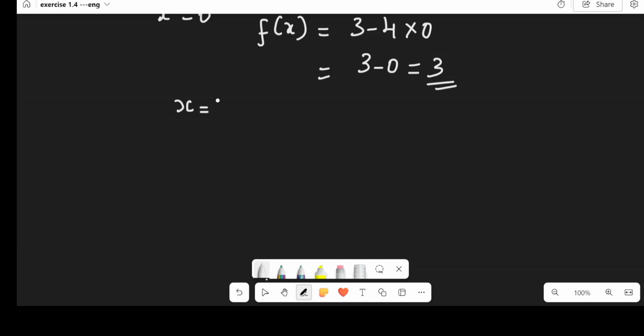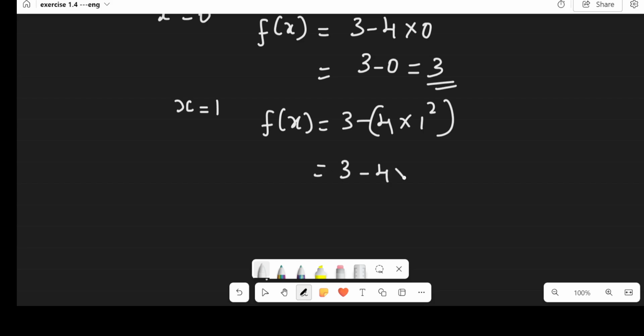If I am giving 1, what would be the answer of f of x? 3 minus 4 into 1 square, right? So 3 minus 4 into 1, 3 minus 4 is equal to minus 1, right?